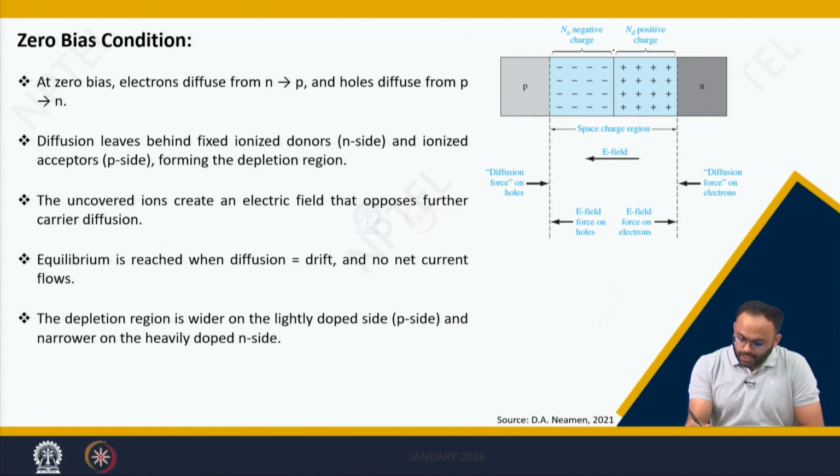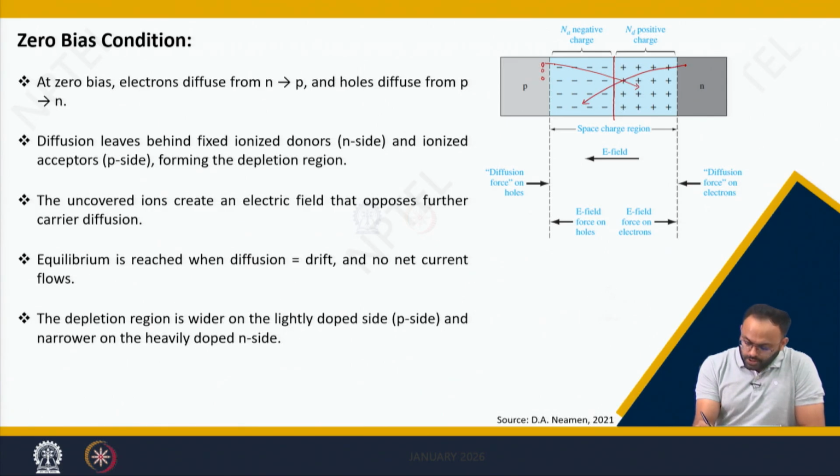The moment you connect N and P, they form a junction at this metallurgical junction. Due to the higher concentration of holes on the P side, they will diffuse to this side. Similarly, electrons will diffuse from the N side to the P side, where the concentration is lower. If the holes are diffusing in this direction, there will be a diffusion current, I diffusion due to holes, from left to right.